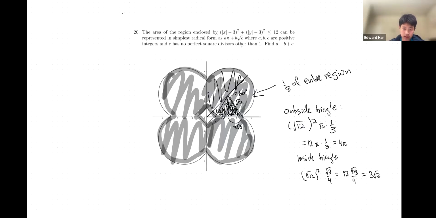So we can now find the area of this 1/8 portion as 4 pi plus 3 root 3. If we multiply this by 8, we get 32 pi plus 24 root 3. And then we can add together everything to get a plus b plus c equals 59, which is our answer. Is there any questions?